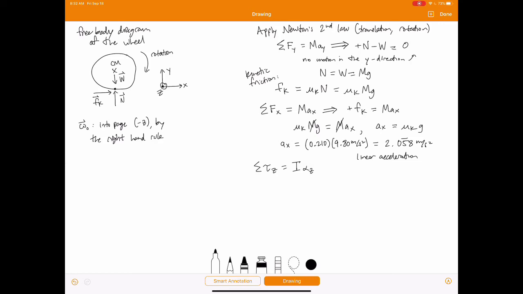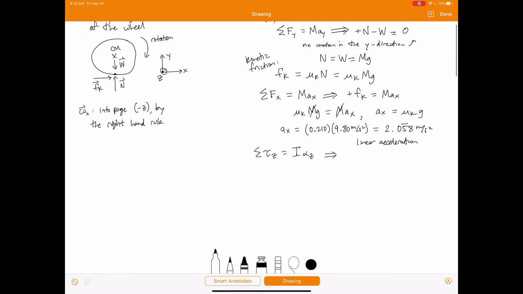Okay, so let's see what we get. When it comes to torque, just want to remind you that torque is given by r cross F, where r is a vector that goes from the axis of rotation to where the force is being applied, and F is just the force.